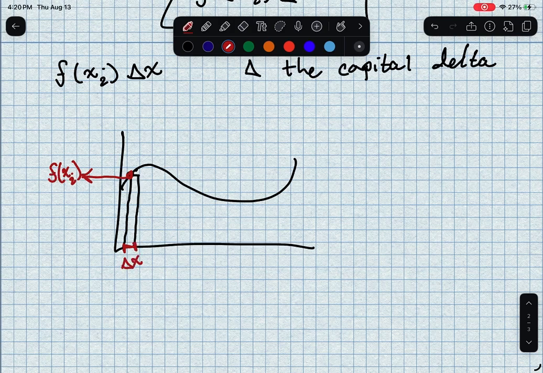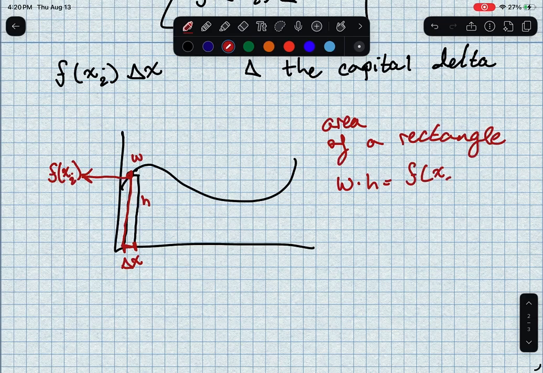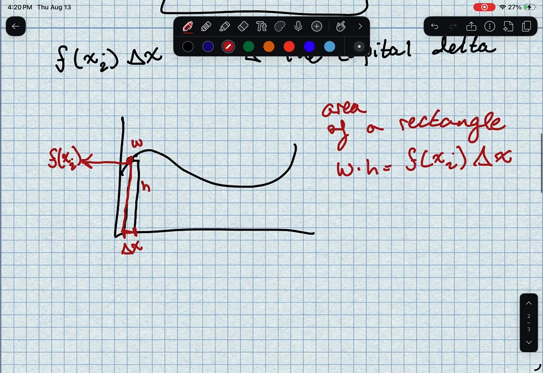So remember, this is a height, and this is a width. So the area of a rectangle is width times height, which is equal to, in this case, f of x sub i times delta x. See, it's not that complicated. As you know, the area of a rectangle is just width times height.